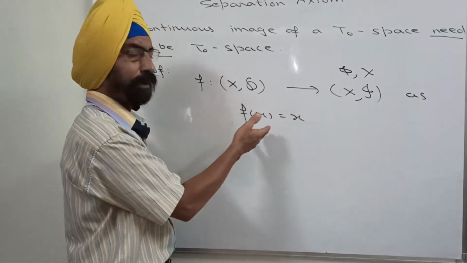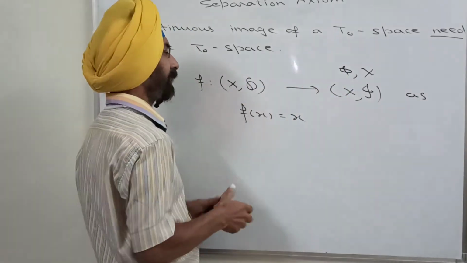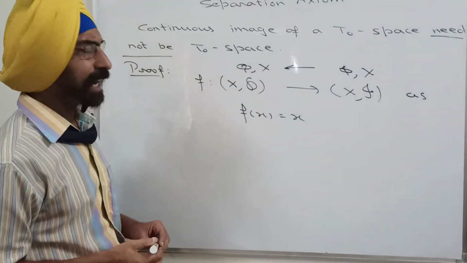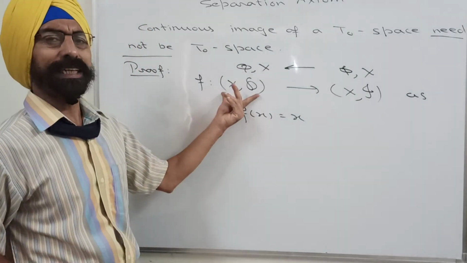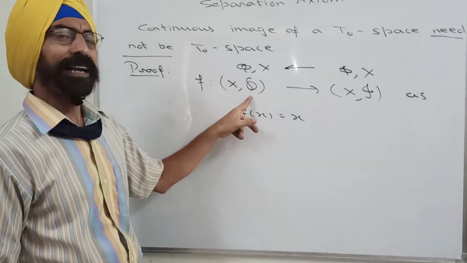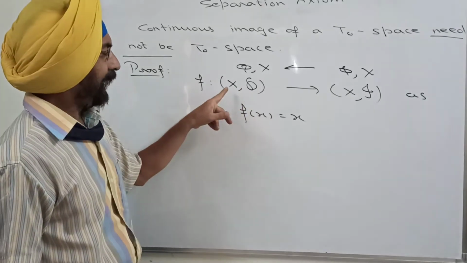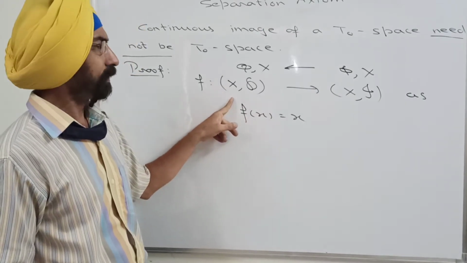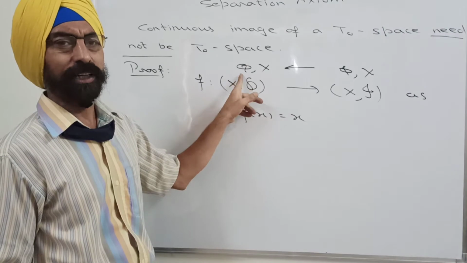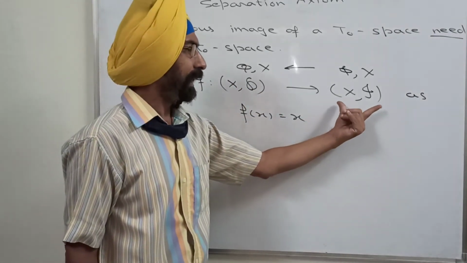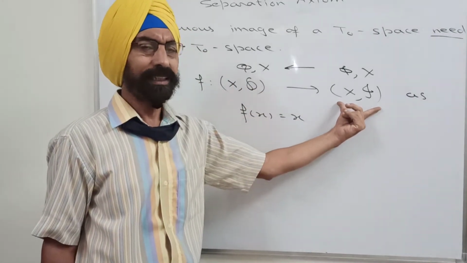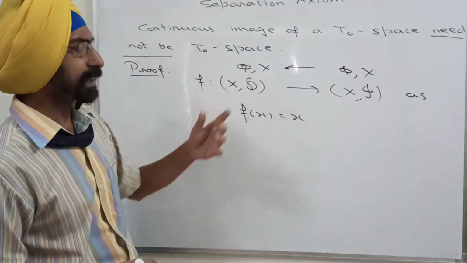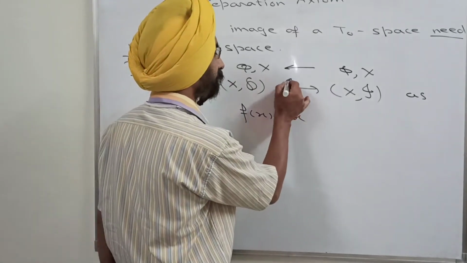So the inverse image of phi will be phi, and the inverse image of X will be X. And the topology here is discrete, and we know that in discrete topology every subset of X is open. So phi and X are also open. That means the inverse image of every open set is open, which makes this function continuous.